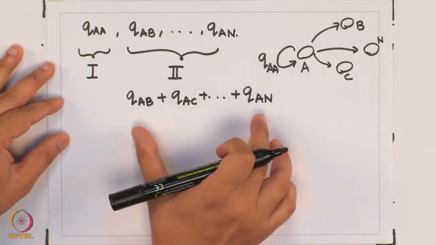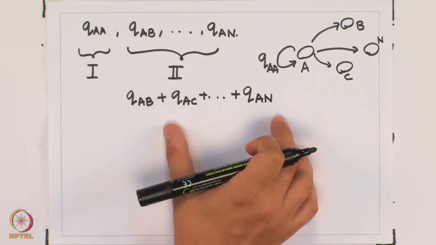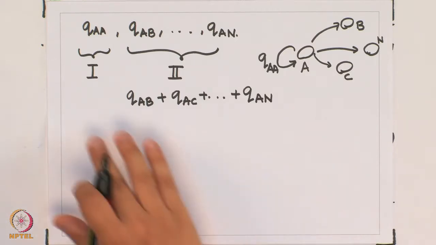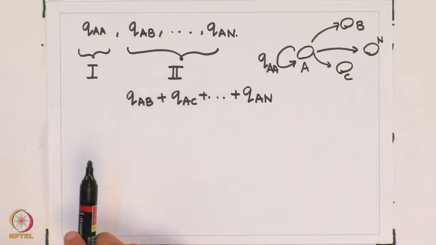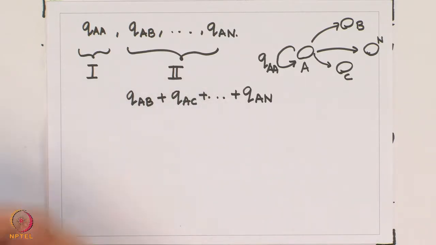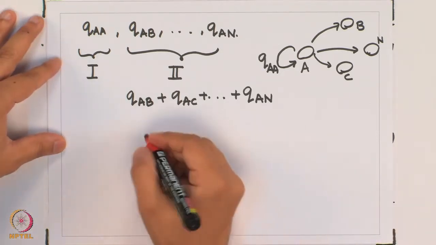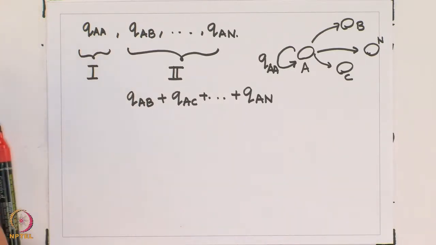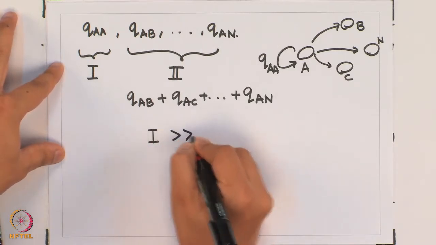Basically, this sum includes all the QA terms except for the QAA term. So I suggest you pause the video for a few seconds and think about the relative magnitude of quantity 1 and 2 that should exist as you understand microbial physiology. If you've thought about this, what should become apparent to you is that what we have talked about so far suggests that 1 is much bigger than 2.